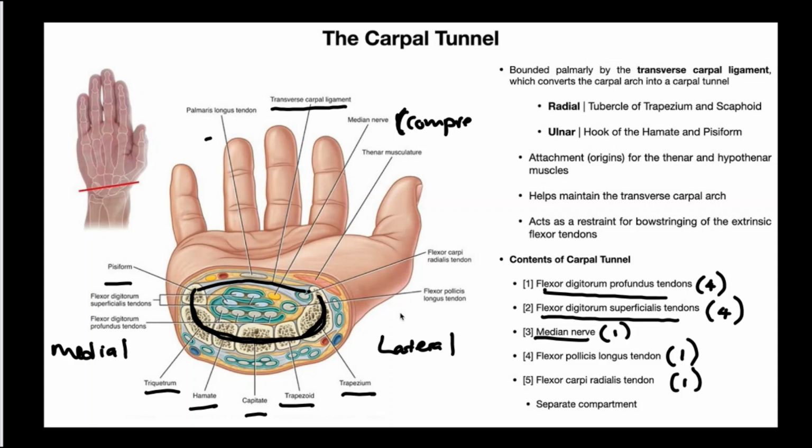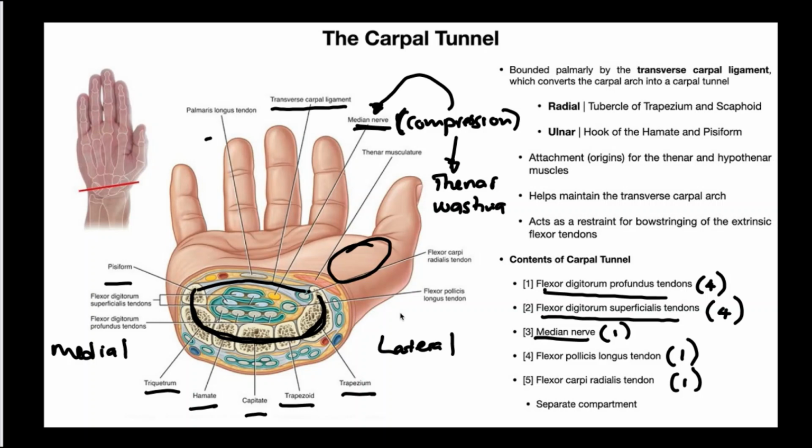So compression of this nerve here, the median nerve. When you compress the median nerve, what is going to happen is that you are going to have thenar wasting. So carpal tunnel syndrome comes with thenar wasting, meaning these muscles that are found here on the base of the thumb will start shrinking.